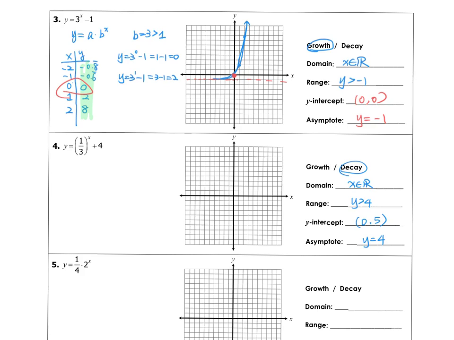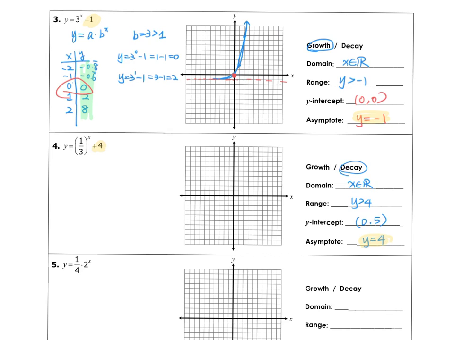But in this case, once we add the standard form minus 1, notice the asymptote, where I highlighted in gold. So that's when we're adding a constant at the end of the exponential function. Basically, like I said, adding or subtracting raises the entire graph along the y-axis, lifting it up or bringing it down by whatever that constant is.